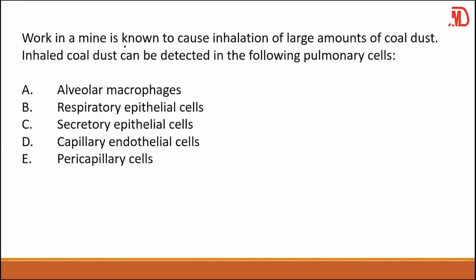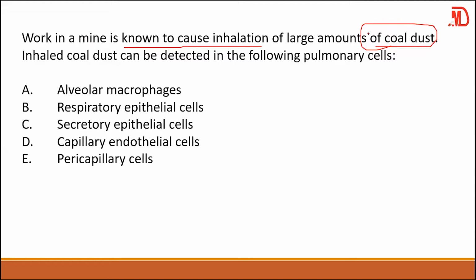Work in a mine is known to cause inhalation of large amounts of coal dust. So over here, we're going to talk about pneumoconiosis. The phenomenon whereby inhaled substances cause infection or damage to the lung tissues, we call it pneumoconiosis.